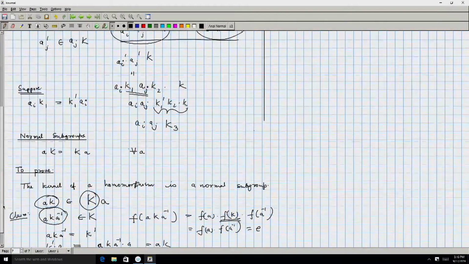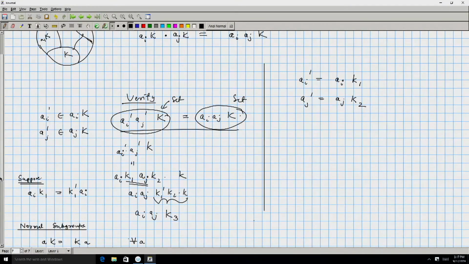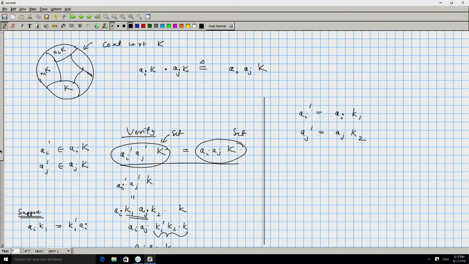Okay. So, to put things together, what we verified is that if you take any homomorphism and consider its kernel, it is going to be a subgroup. Not just that, it is going to be a normal subgroup, and once you have a normal subgroup, the multiplication of cosets is well defined, and therefore the homomorphism induces a quotient structure, or a group structure, with respect to the cosets.